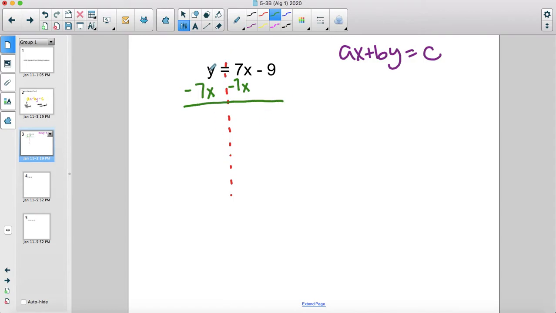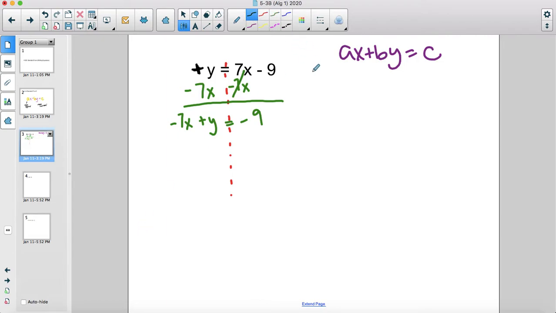Now technically this y, since there's no symbol in front of it, we know there's a plus sign in front of it, okay? That's an important piece for us right now. So we know it's a plus y. This negative 7x, we want it in front of the y, so when we rewrite our equation, we're going to put it out in front. So we're going to put minus 7x plus y equals, those two cancel out, negative 9.